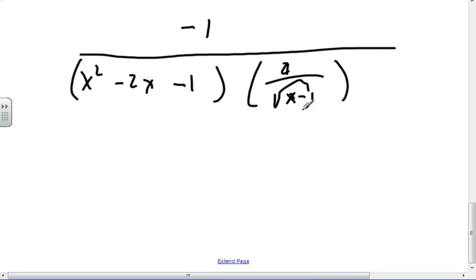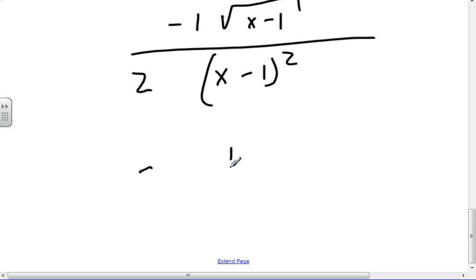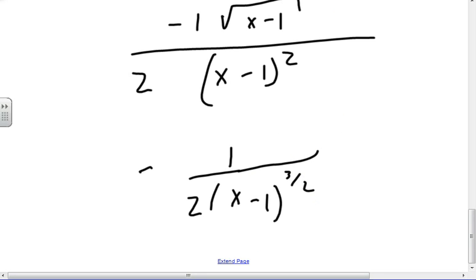Okay, so now I can flip this around and I can have minus 1 over the square root of x minus 1, divided by 2 times x minus 1 squared, which is minus 1 over 2 times x minus 1 squared, to the 3 halves, x minus 1 to the 3 halves, which is exactly what I had before, right?